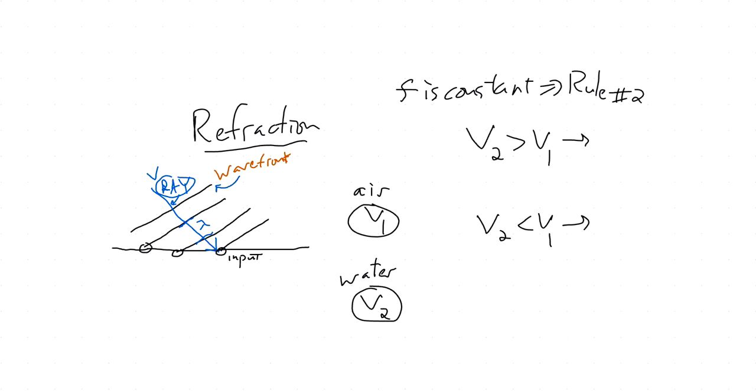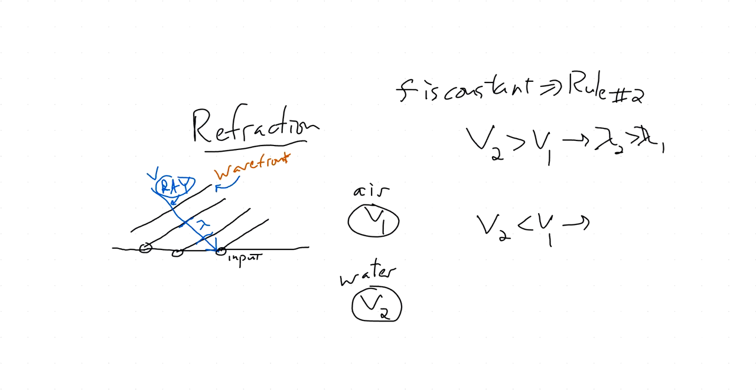Rule number 2 is, of course, that frequency is constant when a wave hits a new medium. Great. So what does that do to the wave? Well, that makes the wavelength increase. So if velocity 2 is greater than velocity 1, then the wavelength is greater.